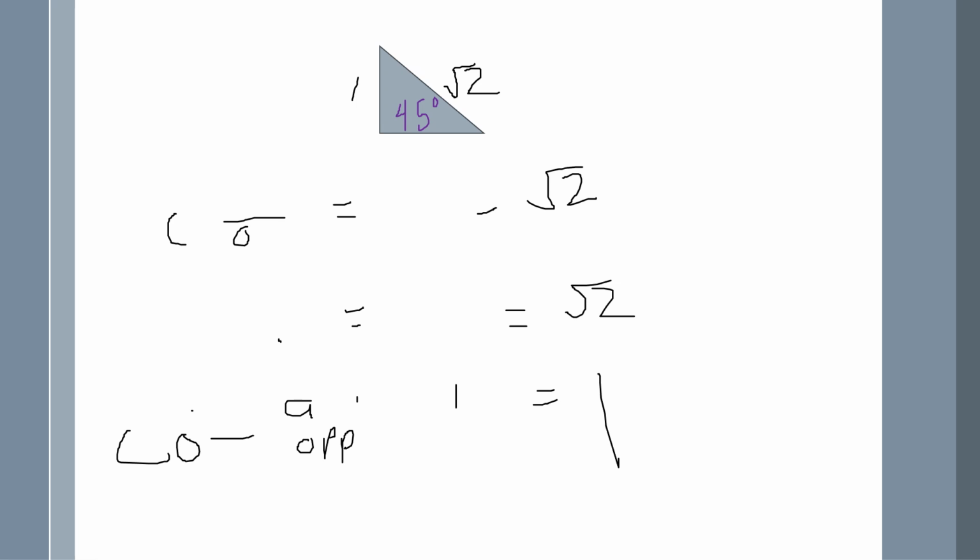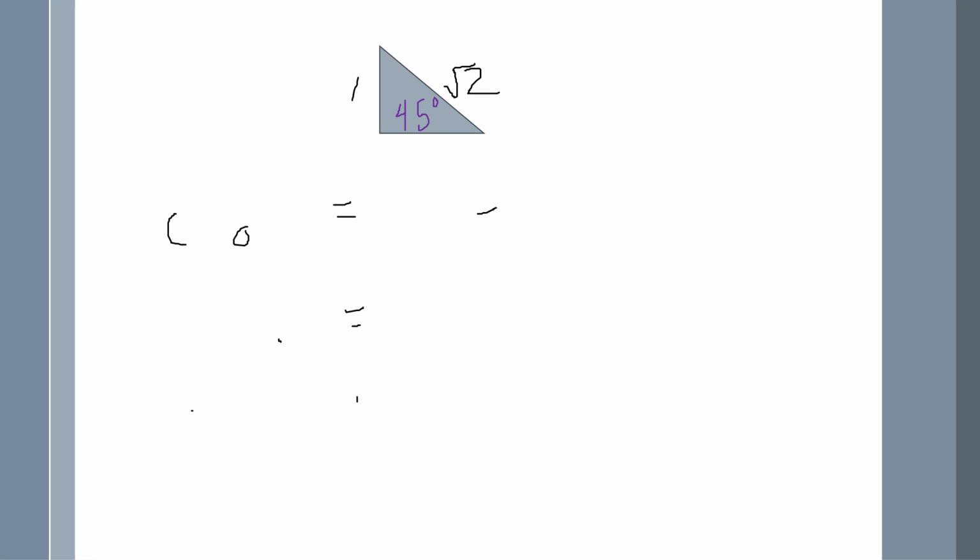Now, there is some warning that I want you guys to be advised of, something that I want you to take good note of. I'm erasing this for a reason. So say for example, I give you 2 over square root 3.